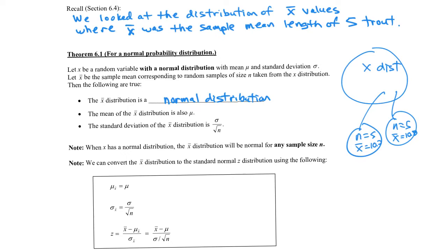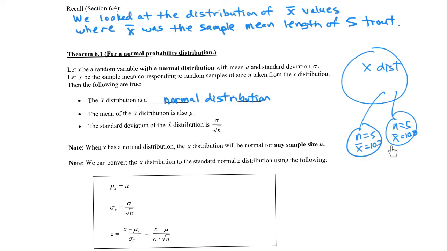So we said that when you line up all these x bar values, this sampling distribution, it'd be like a taller, skinnier bell-shaped curve. So they're going to have a smaller standard deviation.